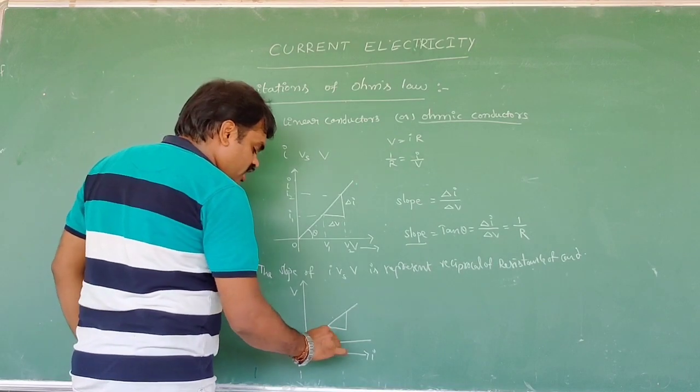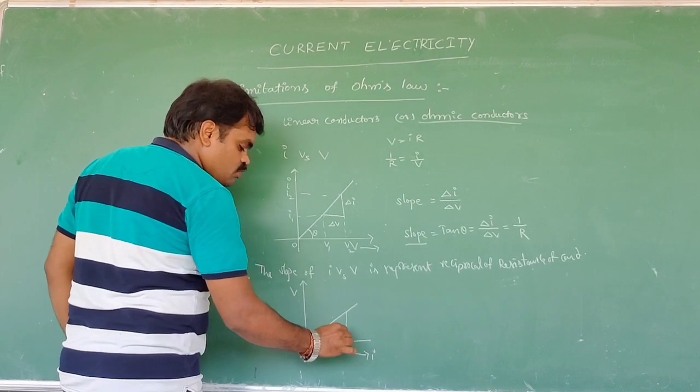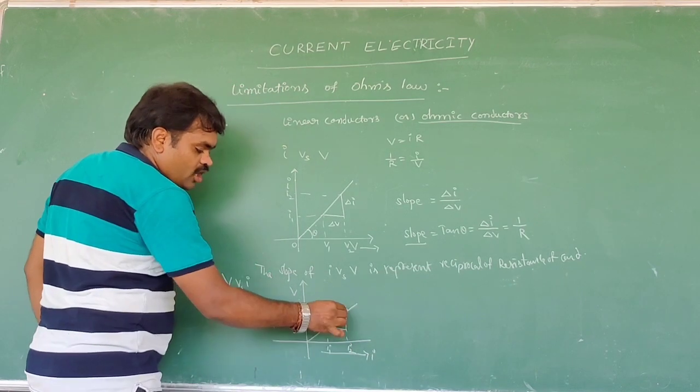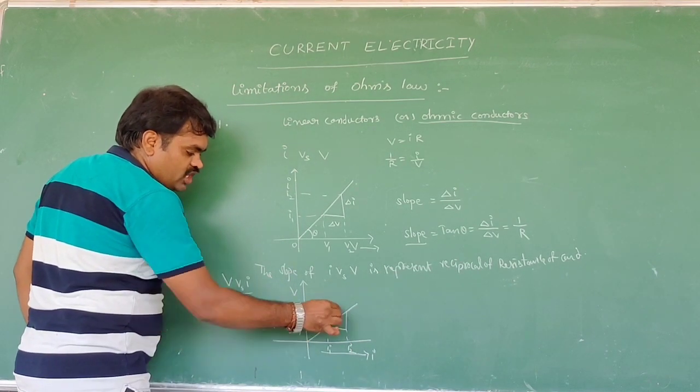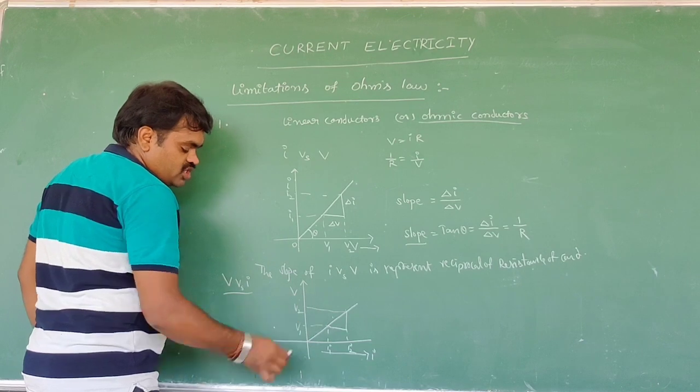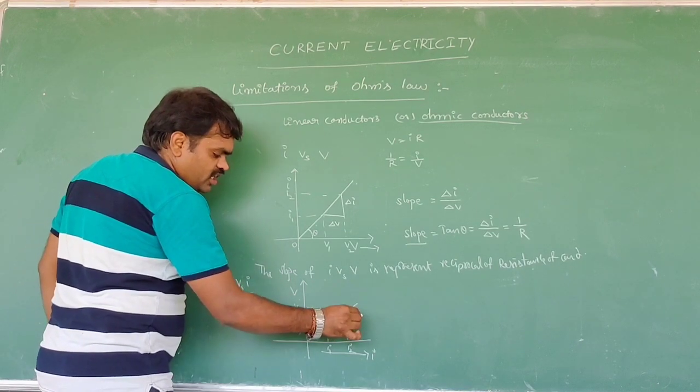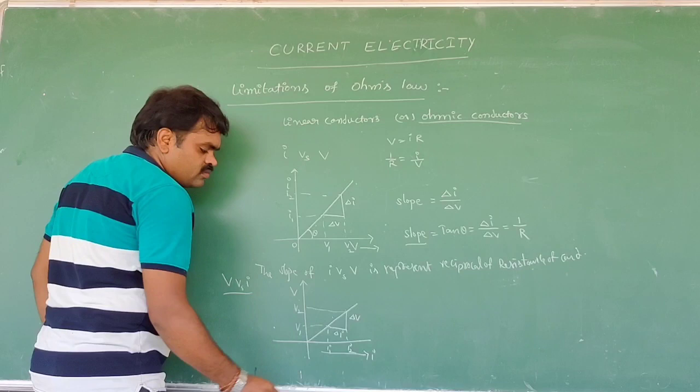Now here the current is I1, at this point is I2. This point is V1 potential, this is the V2 potential. Here it is delta V and it is delta I.